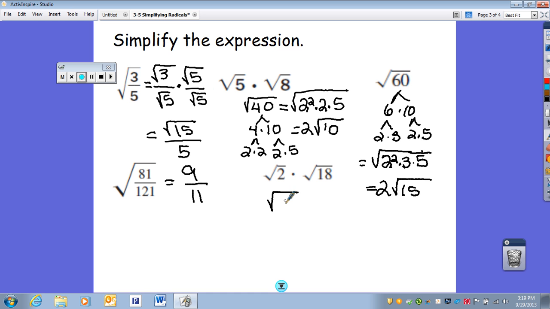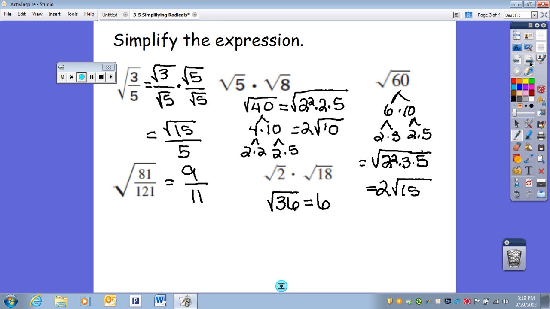These are both radicals, so using our product property they can be multiplied together. 2 times 18 is 36, and we know that the square root of 36 is 6. Some of you may have used the perfect square method, and that's fine as well. I prefer using the prime factorization because it will also work when we get into cube roots and fourth roots.